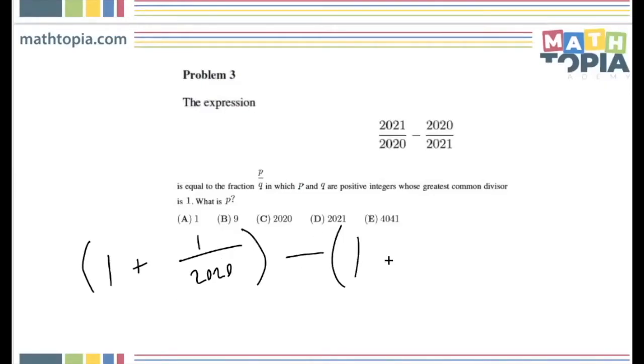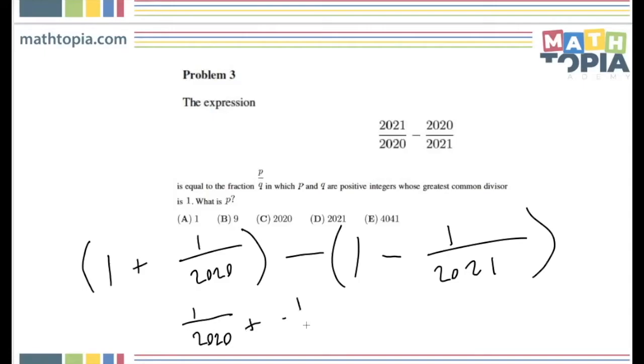And this number here is 1 and 1/2021 minus that, right? Multiplying by 2021 or 2020 to get a common denominator is going to be messy. So we can just express these in terms of 1, and then we'll cancel, and we'll end up getting this. So actually that difference is just equal to this sum.